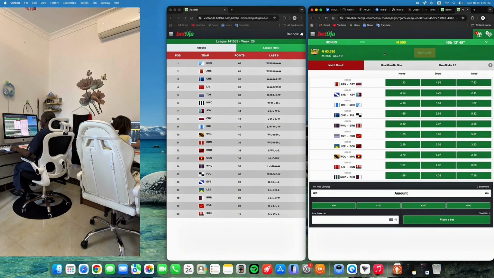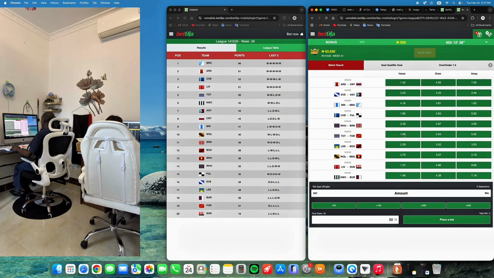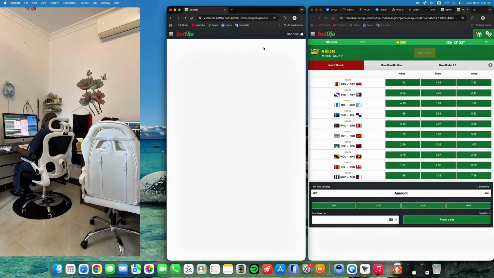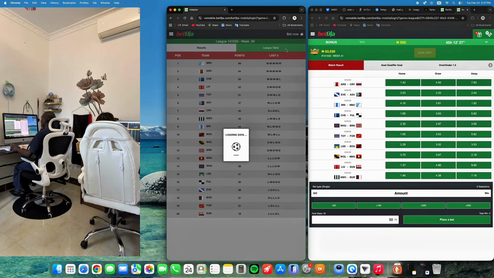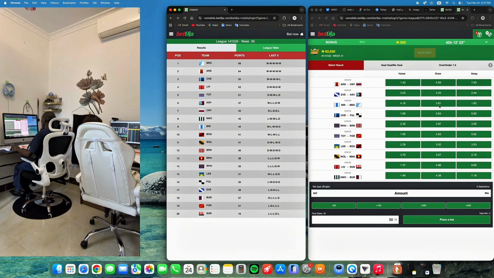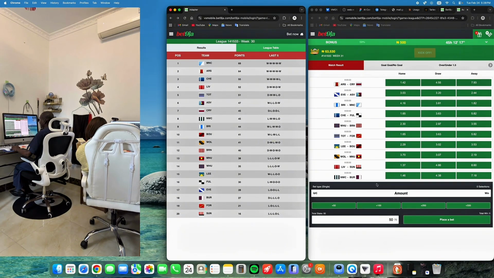Okay, so let's say in a match like this, Tottenham have a high chance of winning. Let me refresh the league table so the previous one will be displayed. So even without looking at the league table, you just feel maybe Tottenham or any team here.